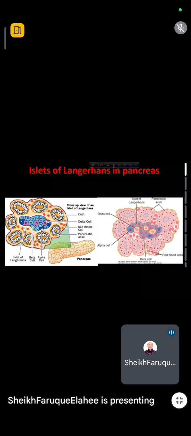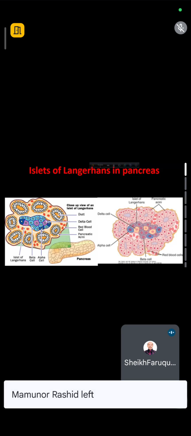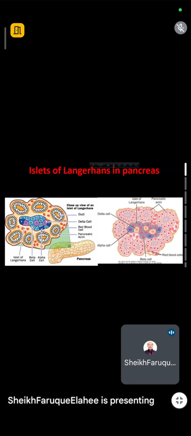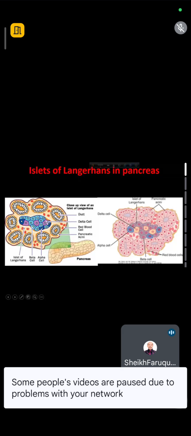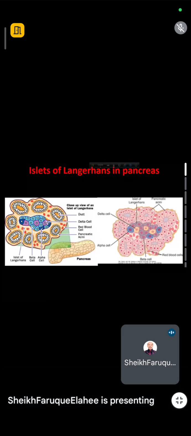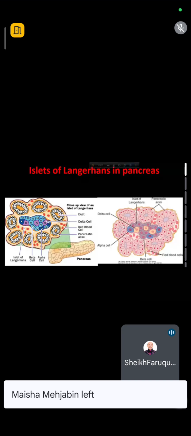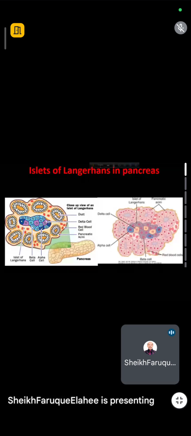They secrete another hormone called glucagon. And there is another cell, you can see this brown cell, called the delta cell. Delta cells secrete other hormones like somatostatin. So we find the endocrine portion of the pancreas has so many small glands all over the pancreas, and each small gland consists of 3 types of cells.